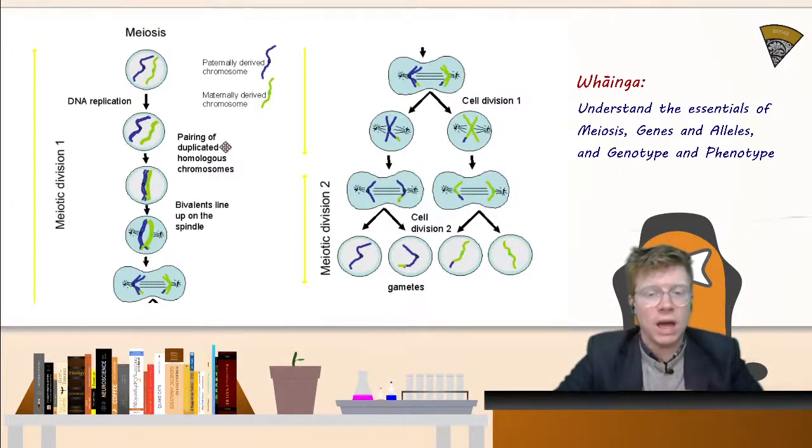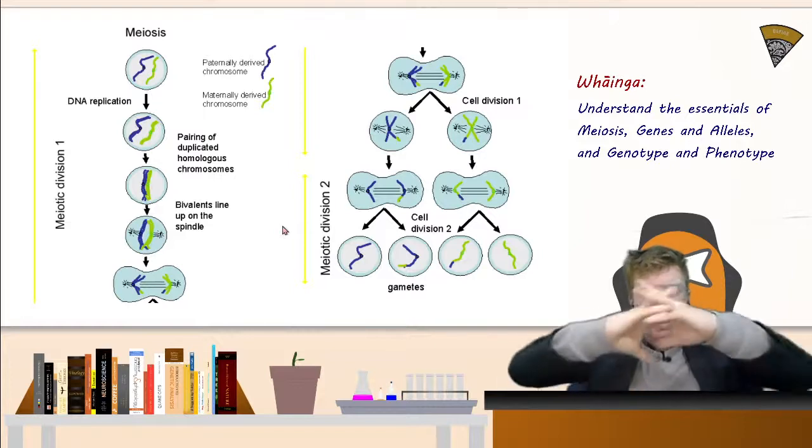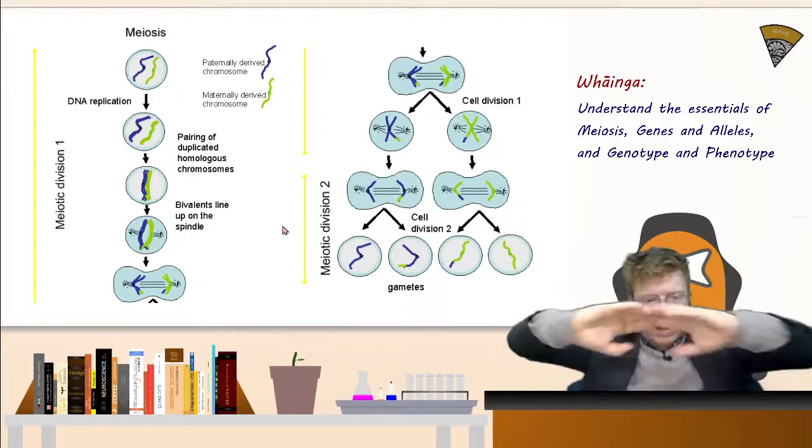Once you've got pairs of duplicated chromosomes, these chromosomes line up in the center of the cell. Hopefully you can remember which stage that was from our discussions last week. If you can't, refer to your notes. When these line up, they line up on what is known as the spindle, which is the name we give for the middle of the cell, and they are pulled apart.